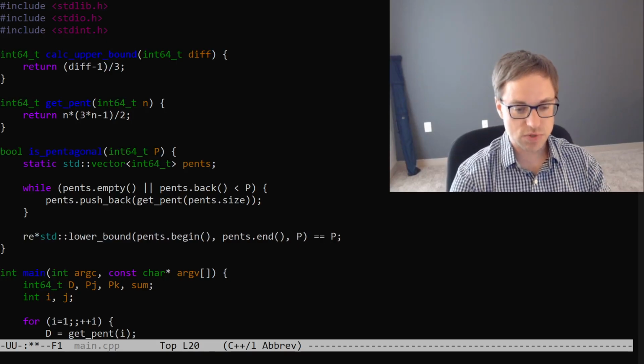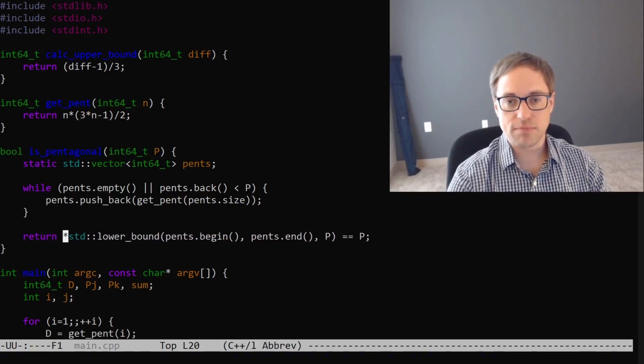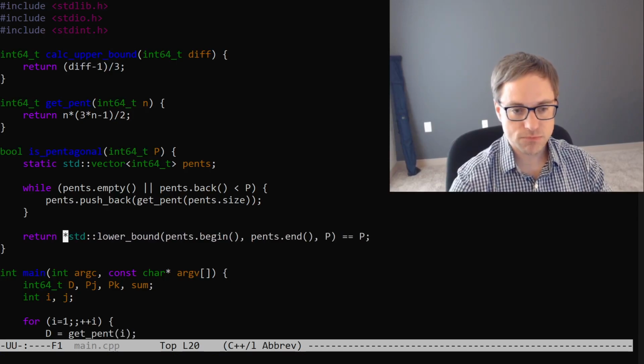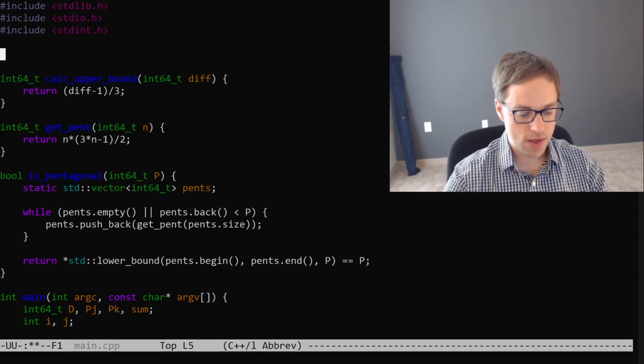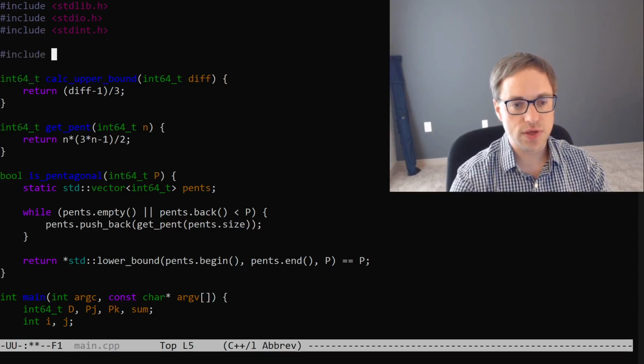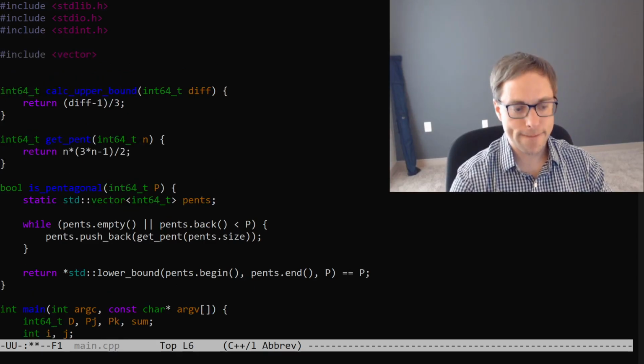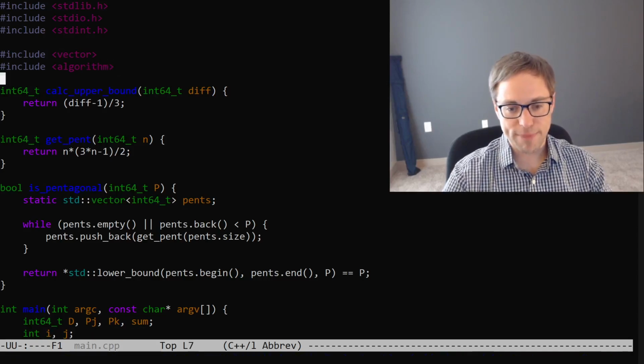And then we'll just return the result of that comparison. We'll need to add a few includes up here. We need to include vector, and we need to include algorithm. Algorithm is where that lower_bound method is declared.